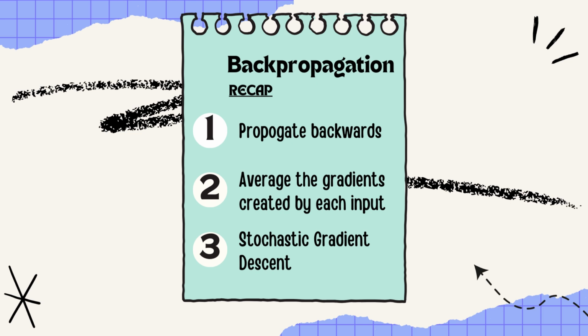And the average of all of the gradients produced by all of the inputs is what the actual nudge to the weights and biases will be, instead of each training example nudging it.